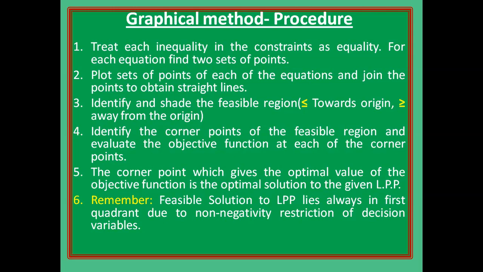In a minimization problem, the one which gives the minimum value will be treated as the optimal solution. Once again, it is asked to remember: the feasible solution to an LPP lies always in the first quadrant due to the non-negativity restriction of the decision variables. This is a very important note.